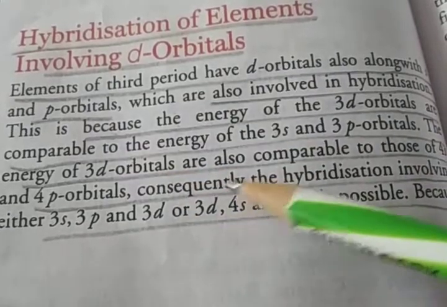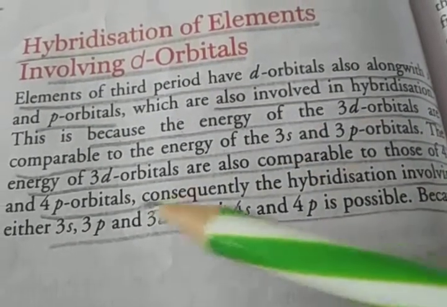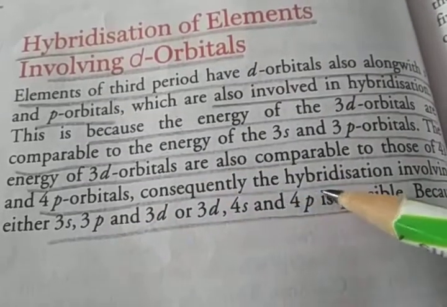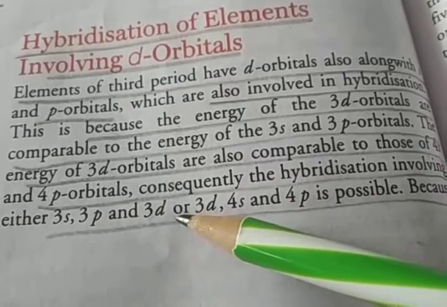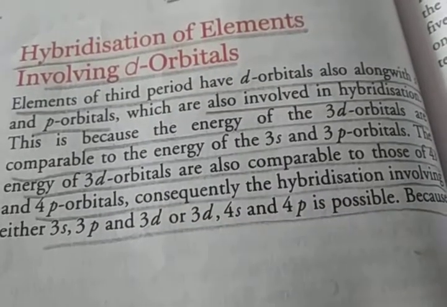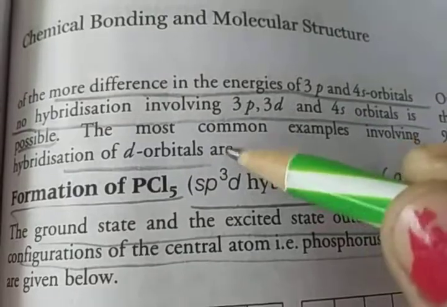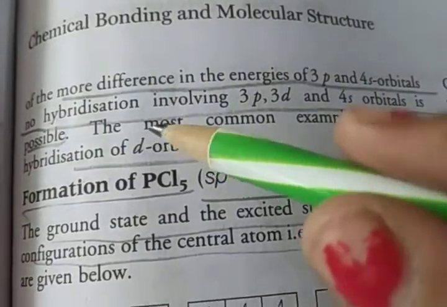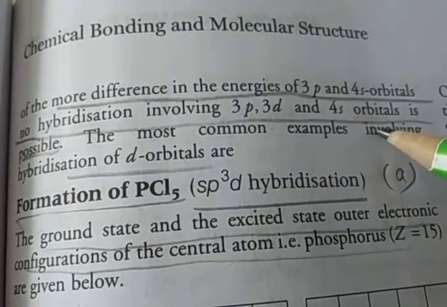The 3d orbitals are also comparable to the 4s and 4p orbitals. Consequently, hybridization involving 3s, 3p and 3d, or 3d, 4s and 4p, is possible. Because of the larger energy difference between 3p and 4s orbitals, no hybridization involving 3p, 3d and 4s orbitals is possible.